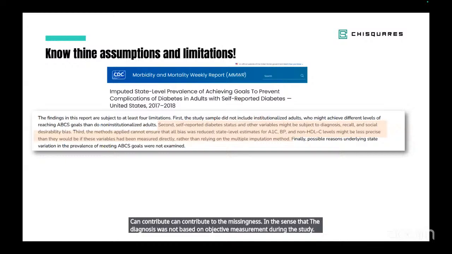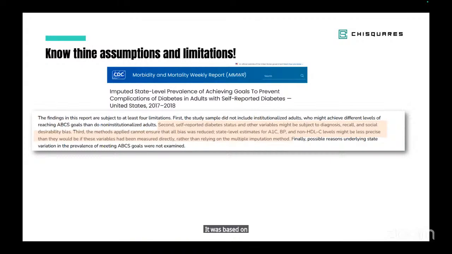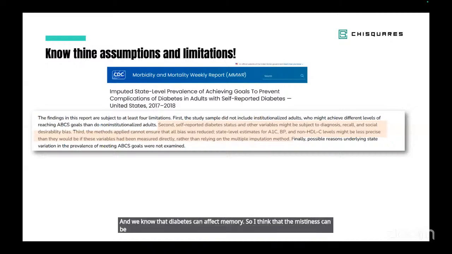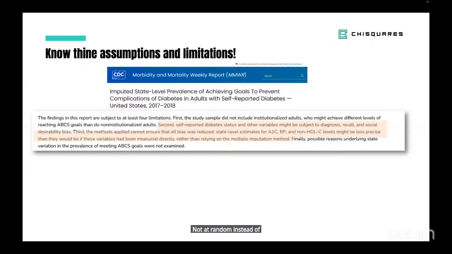It was based on what people could report. And we know that diabetes can affect memory. So I think that the missingness can be contributed to by both the diagnosis of diabetes and by other things such as social desirability and other things that were mentioned there. So I think this will fit into missing not at random instead of missing at random.